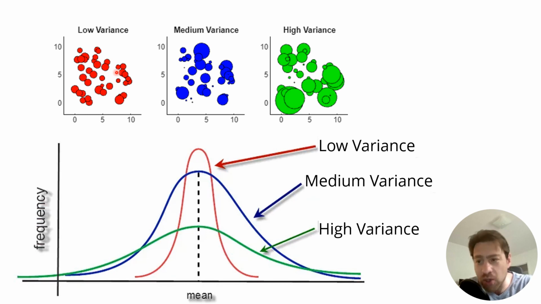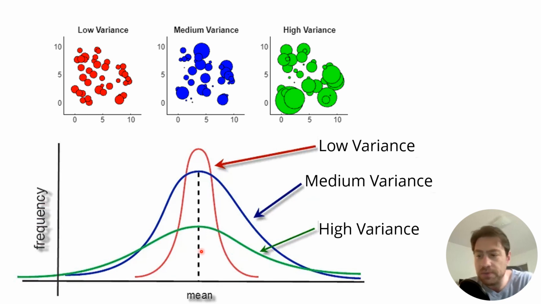Not identical, there is some variation, but not very much. And so if you were to plot the distribution of the size for this low variance population, it would look something like the red curve seen here, where it's tall and narrow, and most values are close to the mean.